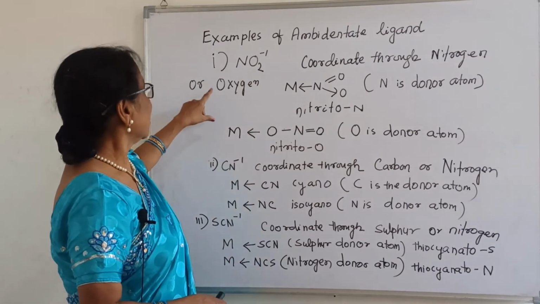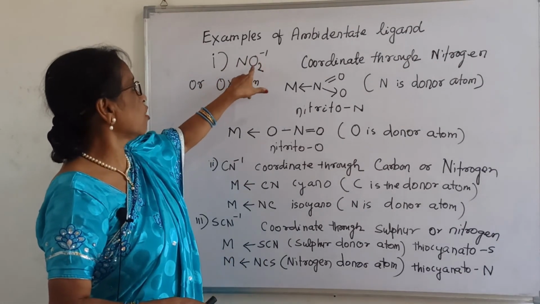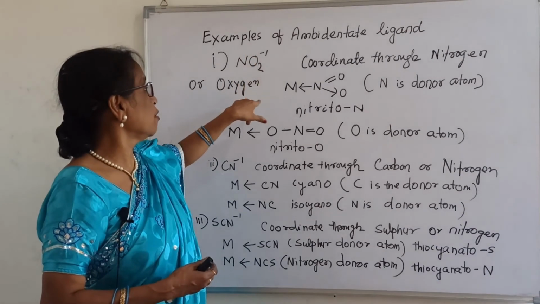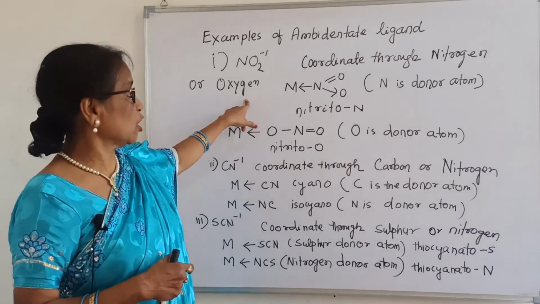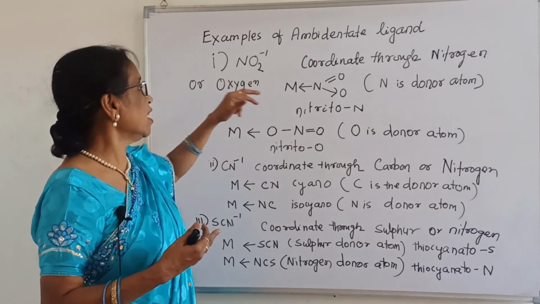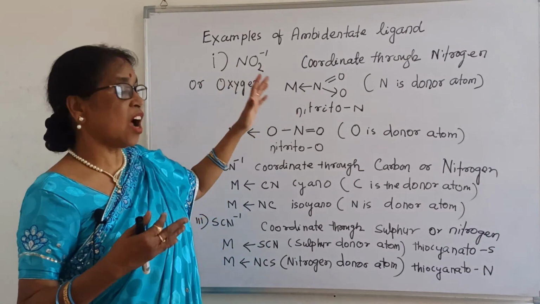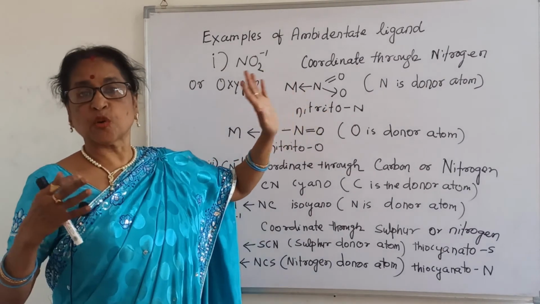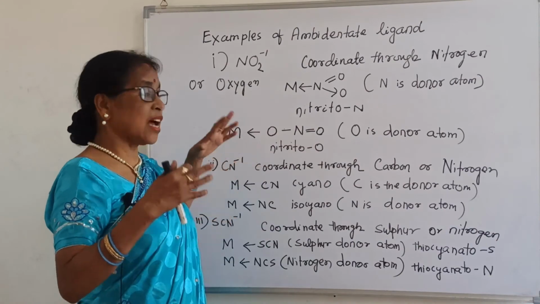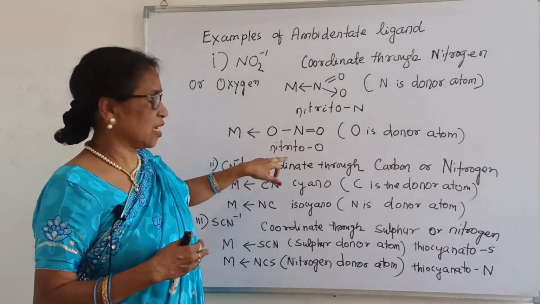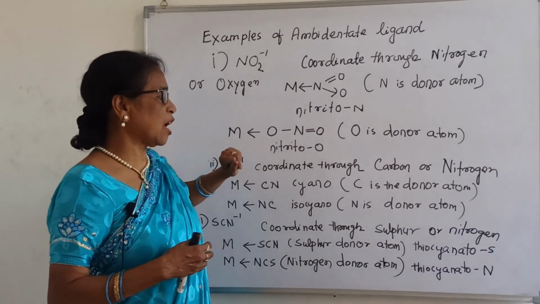Again see, this group is called nitrite in inorganic compounds. What is its behavior in coordination compounds? It can coordinate through nitrogen or oxygen. If nitrogen is attached, it is called nitrito N. If oxygen is attached, nitrito O. From this you can be sure which atom is attached. And CN coordinates through carbon and nitrogen.